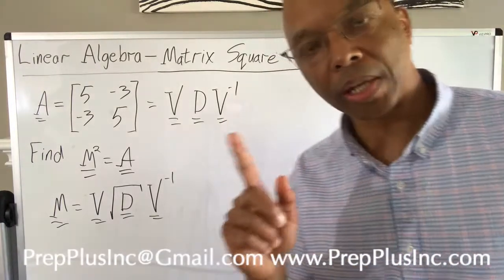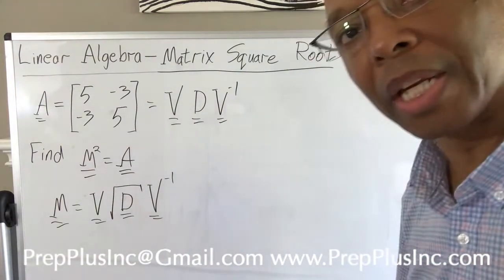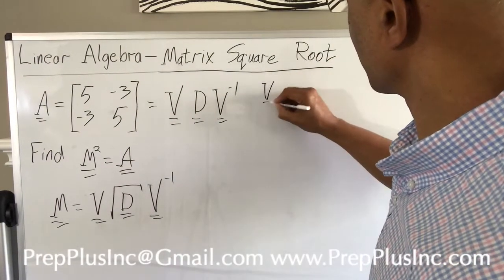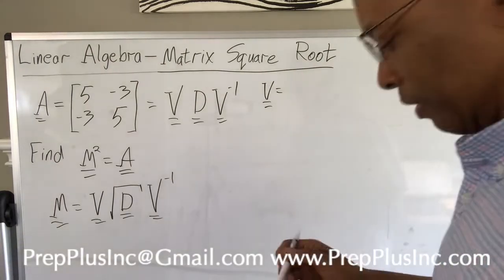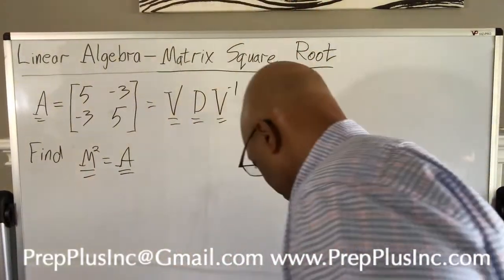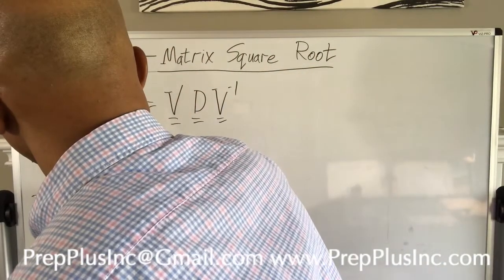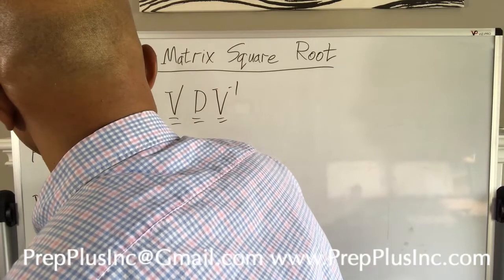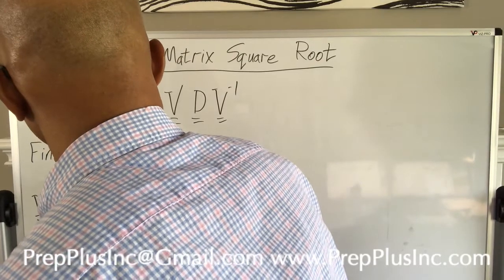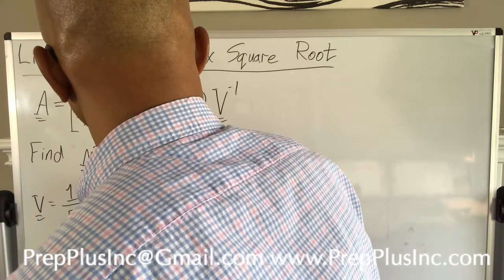What we obtained in another micro tutoring session is what the eigenvalues and eigenvectors are. So we can immediately write down what the V matrix and the D matrix are. The V matrix that we obtained in another session equals 1 over the square root of 2 times the matrix with one eigenvector as one column and the other as the other column.